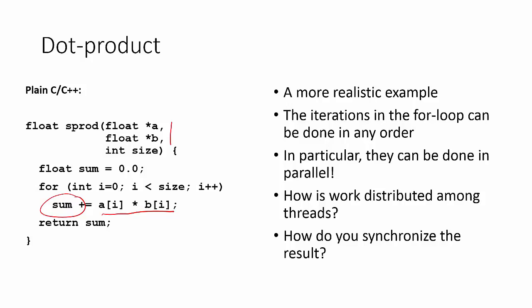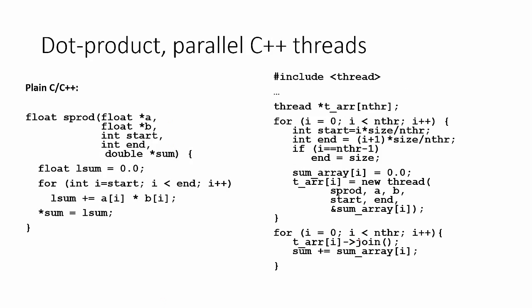What we can now see is that the iterations in this for loop, which is the bulk of the work here, can be done in any order, and in particular they can be done in parallel. So this is an ideal case for something which can be parallelized. We still have to think about how the work is distributed among the threads, and how you synchronize the results. And it turns out to be pretty complicated.